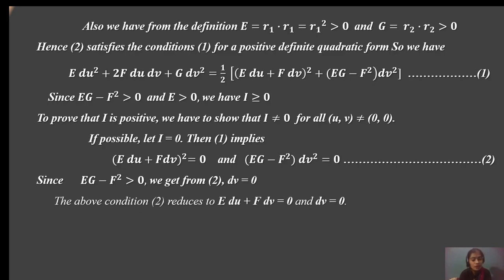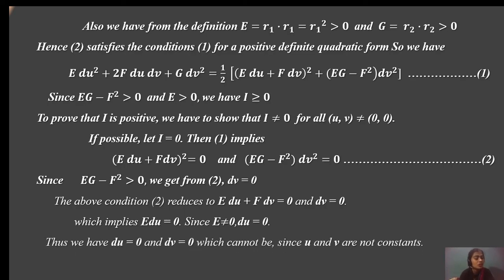The above condition reduces to E du plus F dv equals 0 and dv equals 0, which implies E du equals 0, and since E is not equal to 0, du equals 0. Thus both du and dv are zero, which contradicts the assumption. Thus, we get I is not equal to 0, so I is always greater than 0 for the first fundamental form.